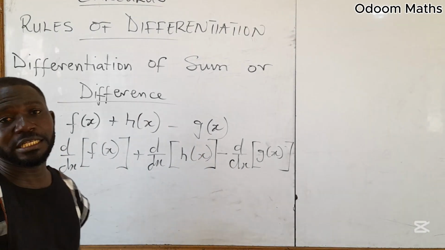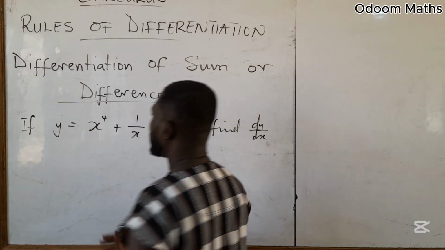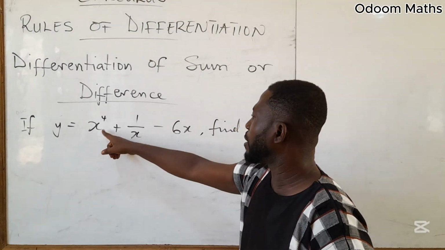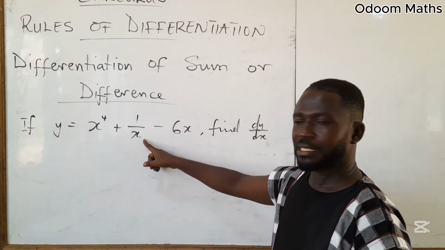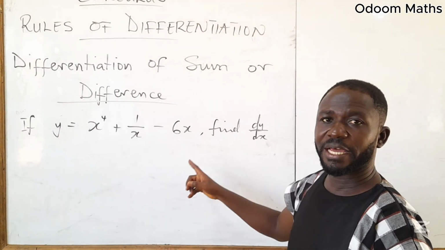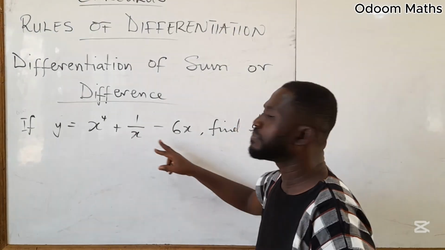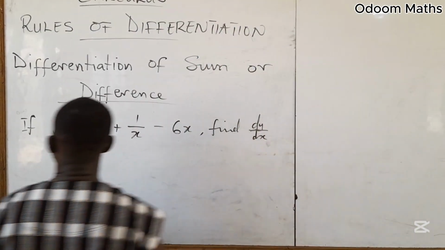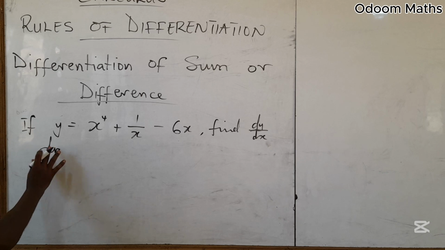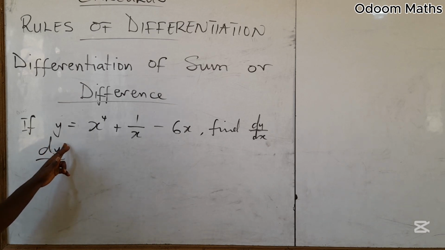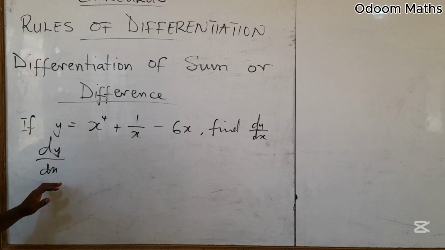Okay, now let's look at an example. If y is equal to x to the power 4 plus 1 over x minus 6x, we have to find dy dx. Like I said, we differentiate each term separately. So dy dx is just the derivative of y with respect to x.